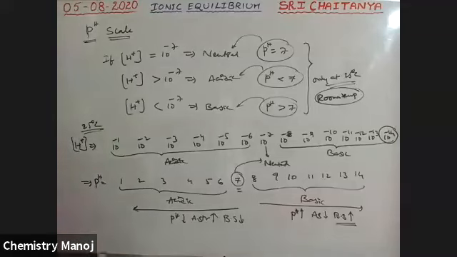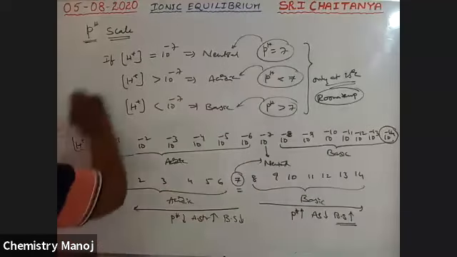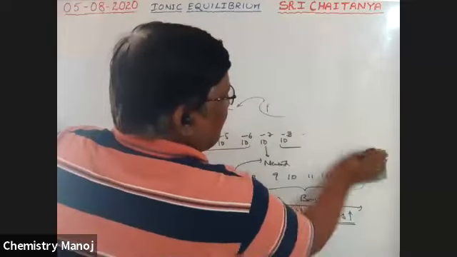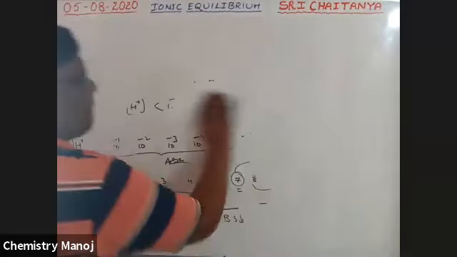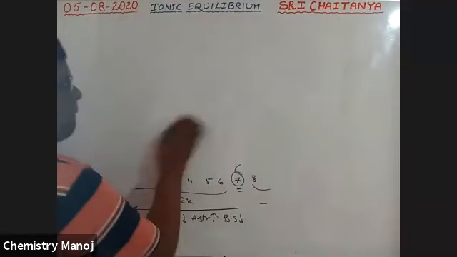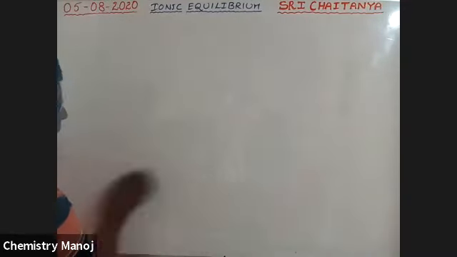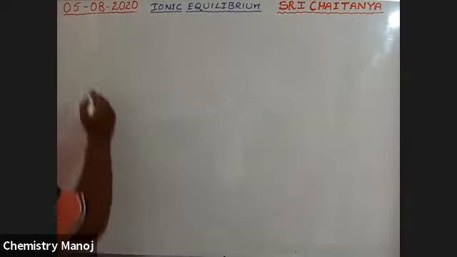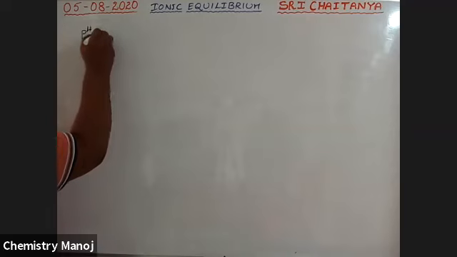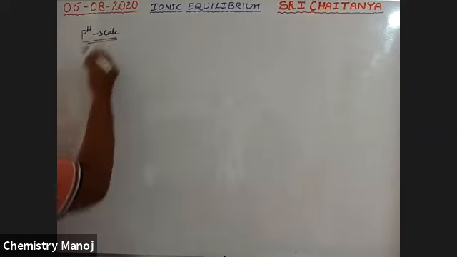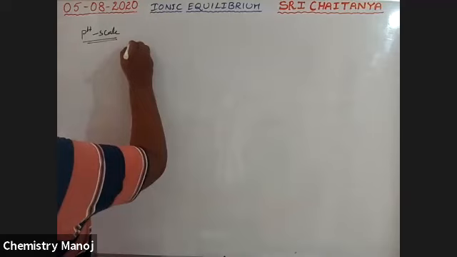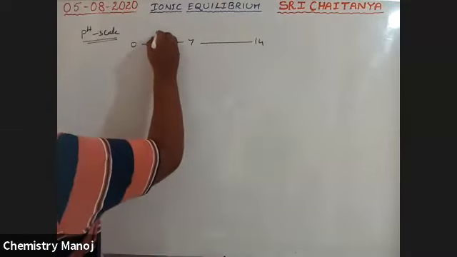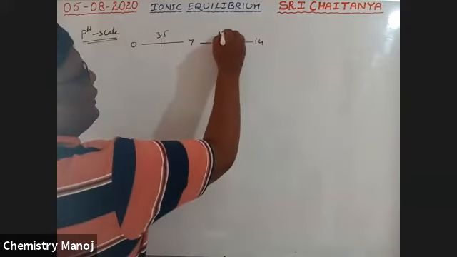So see here, the pH scale. Generally 0 to 7 and 7 to 14 are applicable. In between, there is 3.5, and in between 7 and 14, 10.5 also.